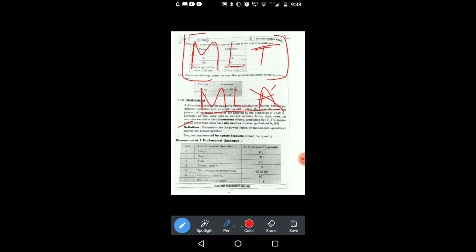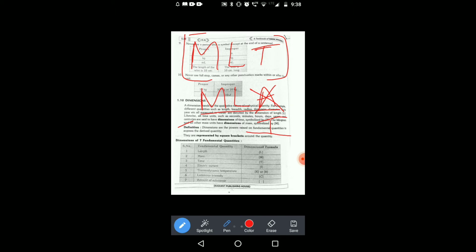Instead of A, just write T. While you are remembering MLT, first remember MLA. Dimensions are the power raised on fundamental quantities to express the derived quantities. It means dimensions means we are taking the powers.